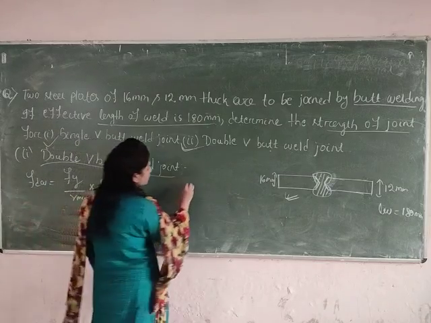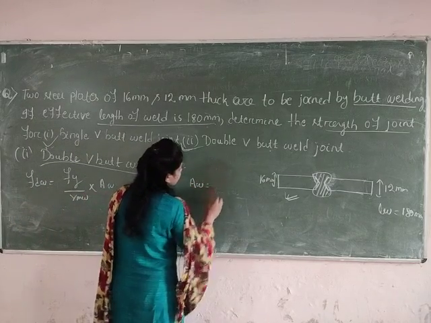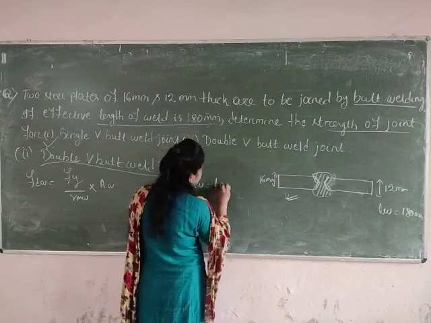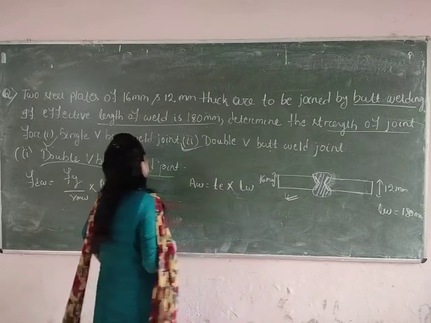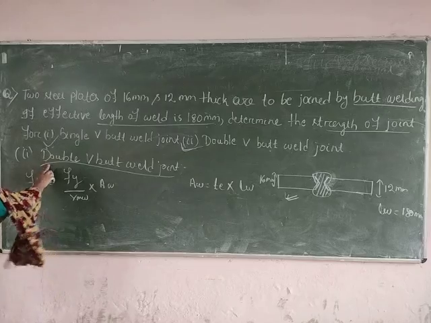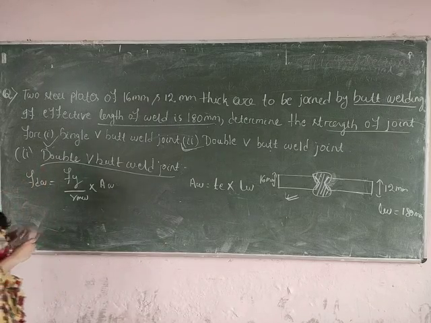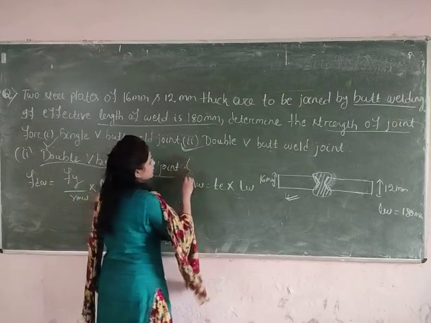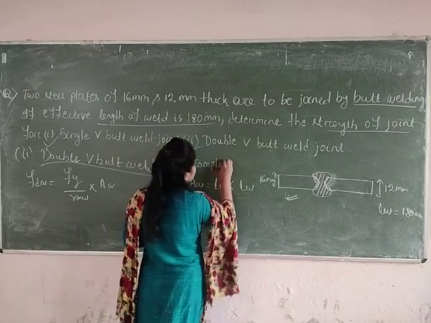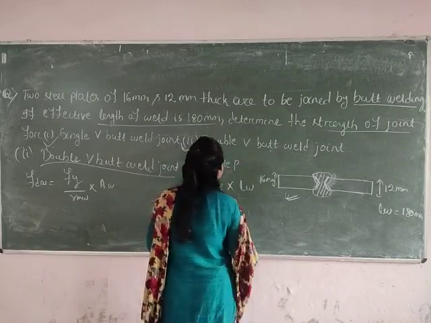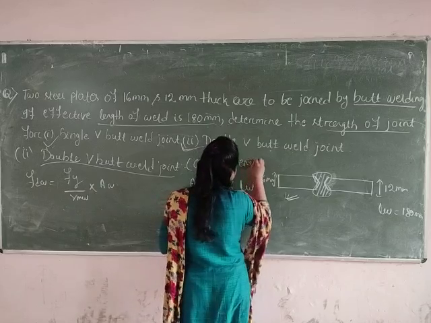Then the effective area of weld is effective throat thickness into length of weld. This is the case of double V butt weld joint, that means complete penetration, as the weld is provided on both sides.